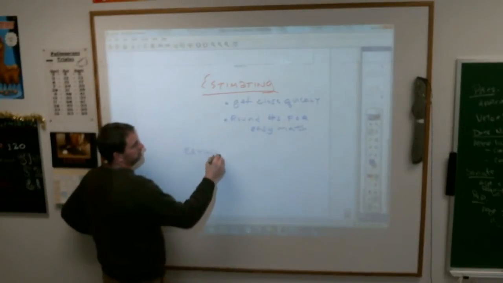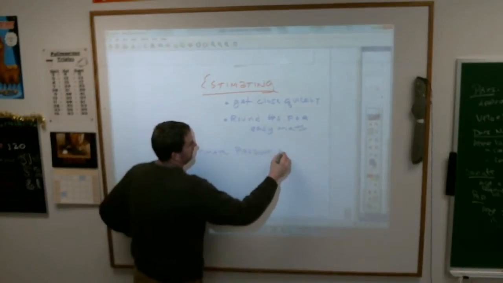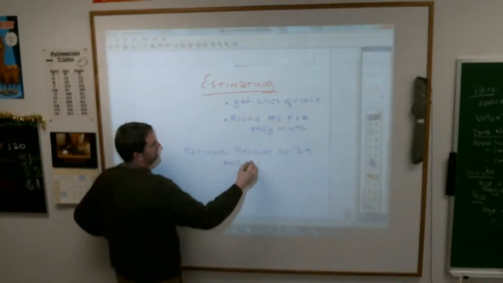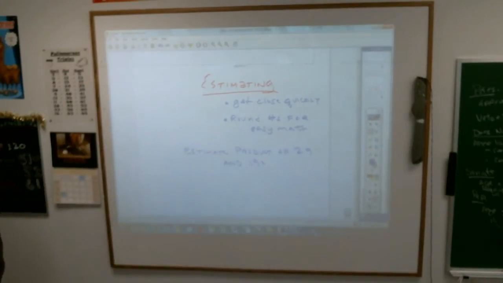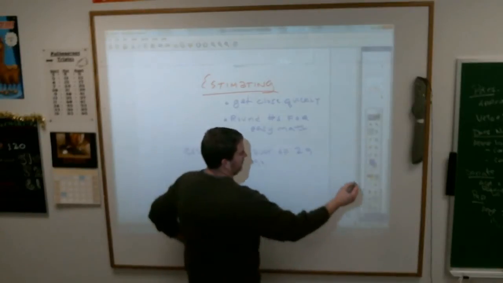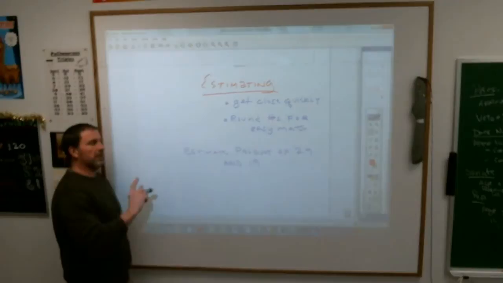Estimate the product of 29 and 19. Now 29 times 19 is not really an easy problem to do, and maybe whatever we're doing it for, we don't need to get the exact but close is good. In order to make it a quick problem to do, what do you suppose you would change 29 to?